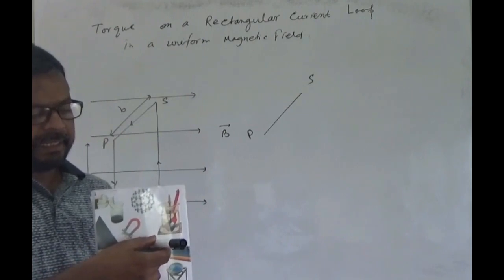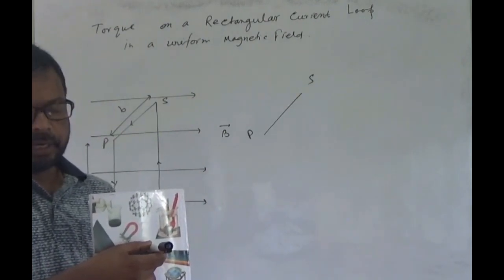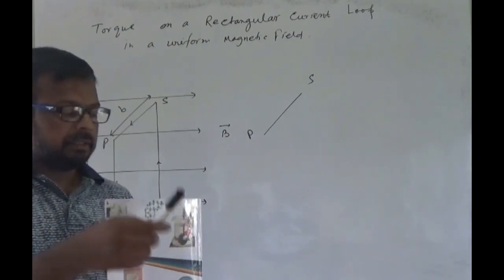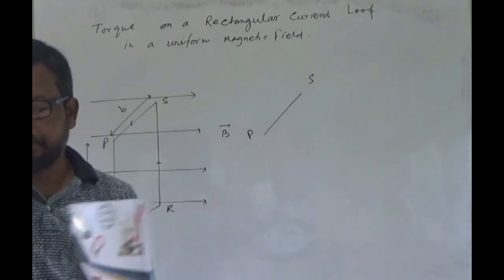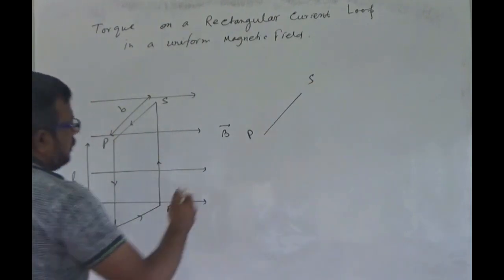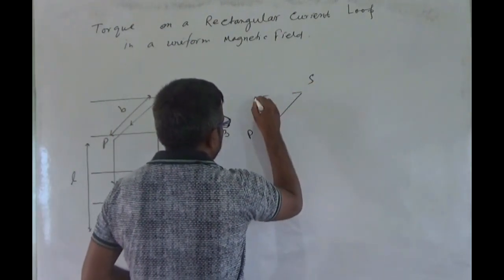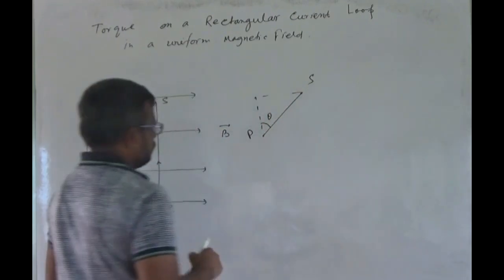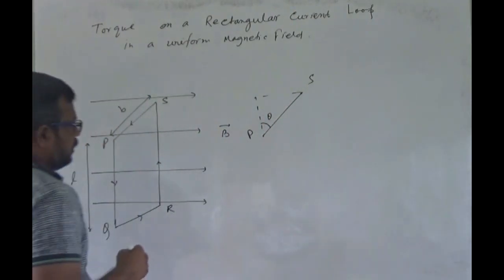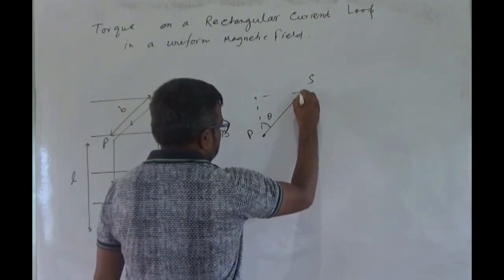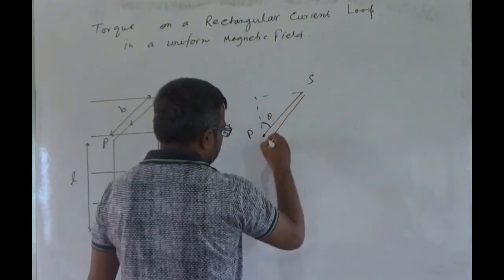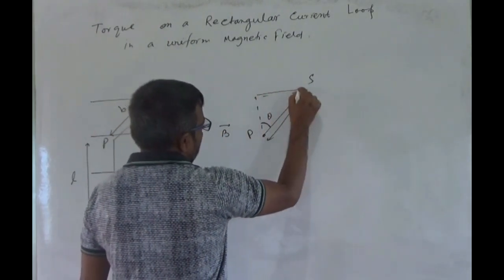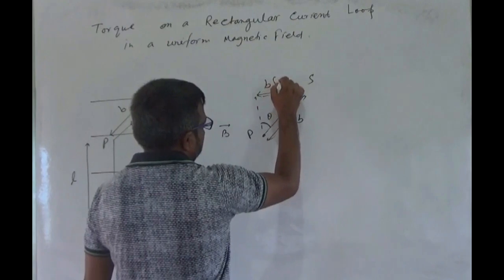Now if this angle between B and the normal to the plane is theta, then this also is theta. This angle is theta and this is B, therefore this arm is b sin theta.